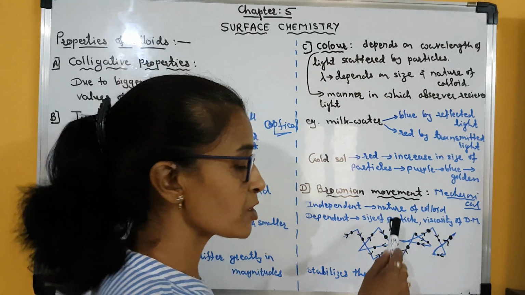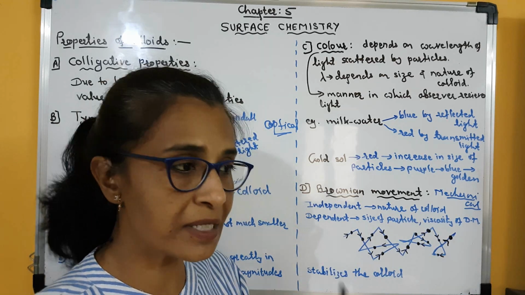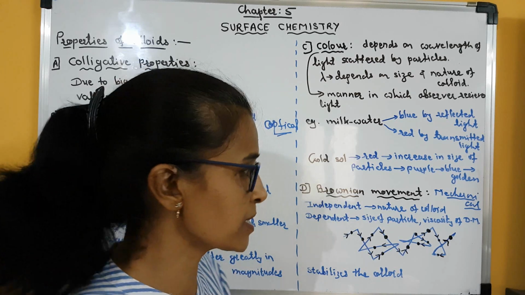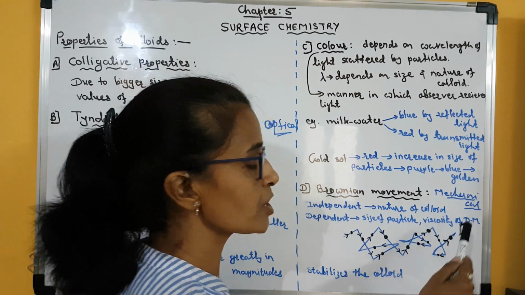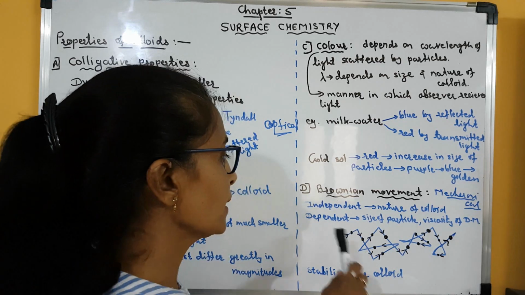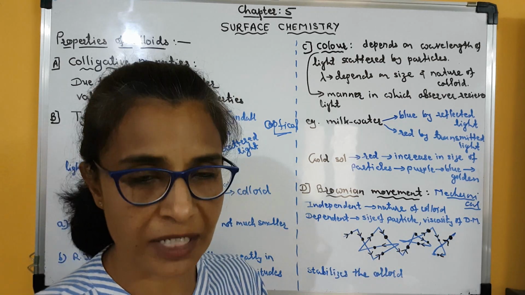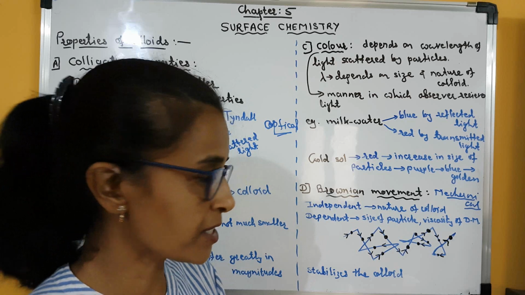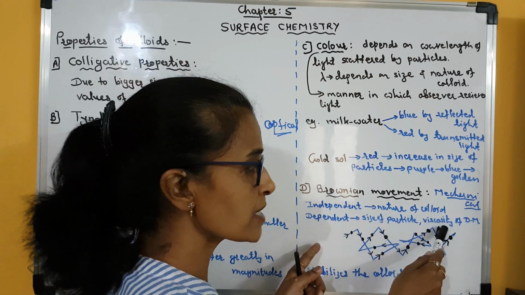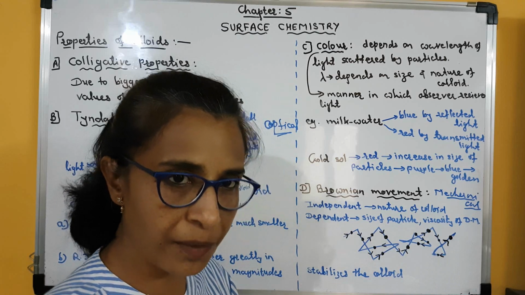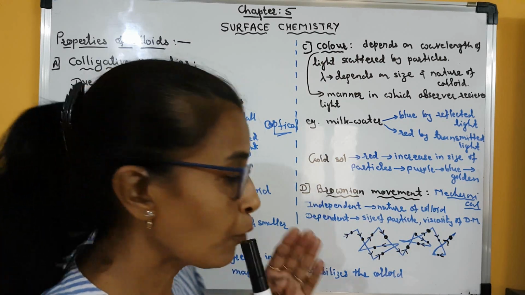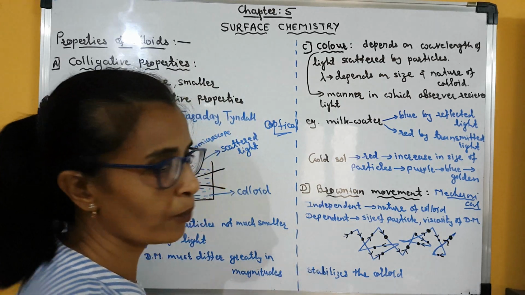If the size of the particle is small, meaning the dispersed phase particles are smaller in size, and the viscosity of the dispersion medium is less, then the Brownian movement will be faster. Clear? Once again, the smaller the size of the particle and the less the viscosity of the dispersion medium, the faster the Brownian movement. Now what is the importance of this movement?